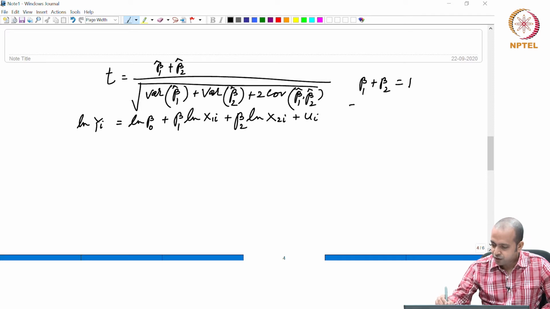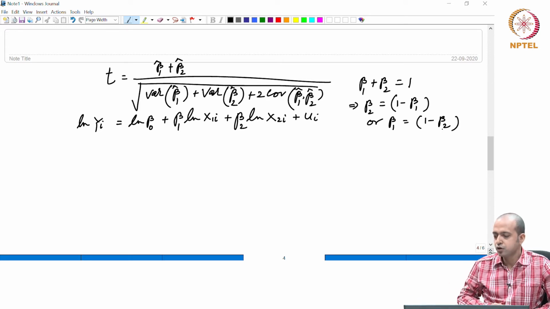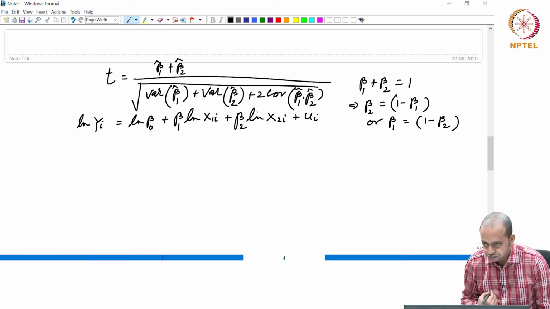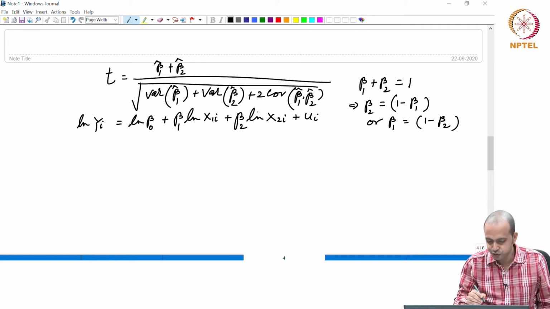So, from there I can write beta 2 equals 1 minus beta 1, or beta 1 equals 1 minus beta 2. You can either substitute the value of beta 1 in terms of 1 minus beta 2, or beta 2 in terms of 1 minus beta 1. So, let me put the value in this way.